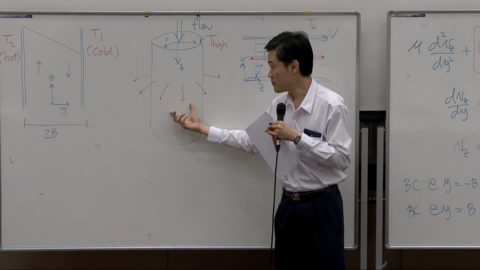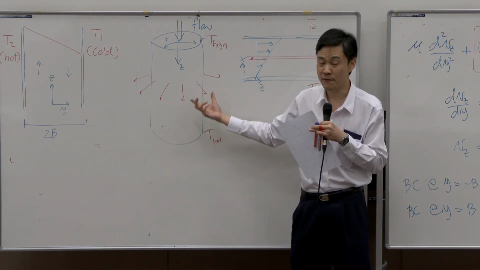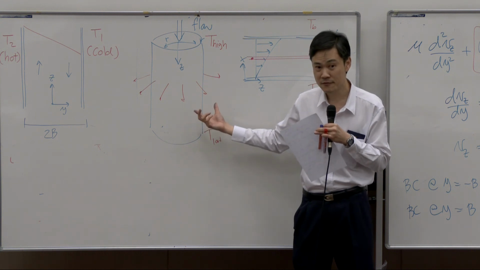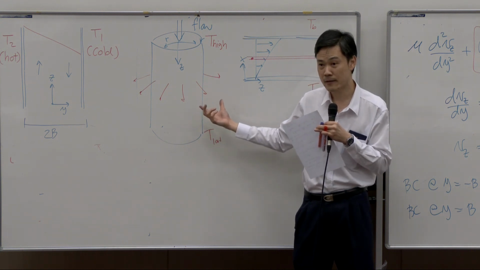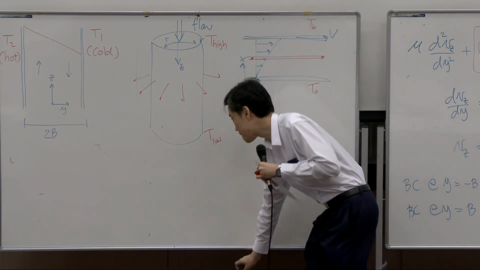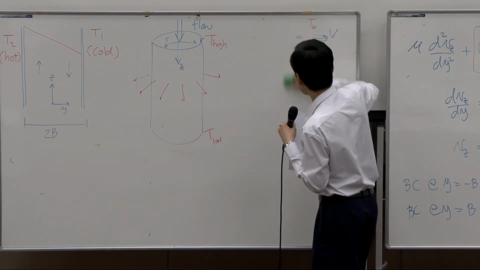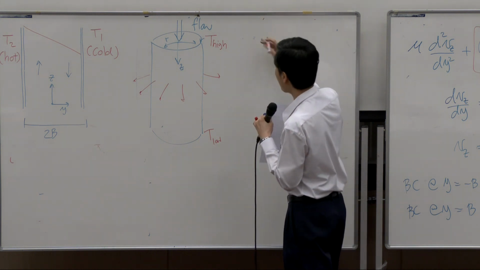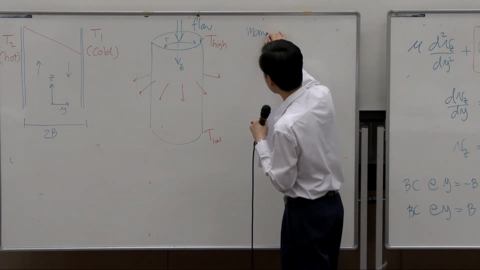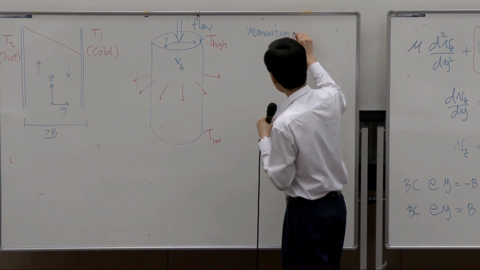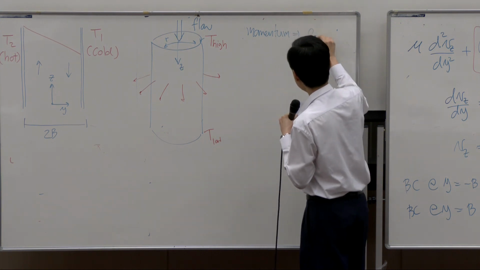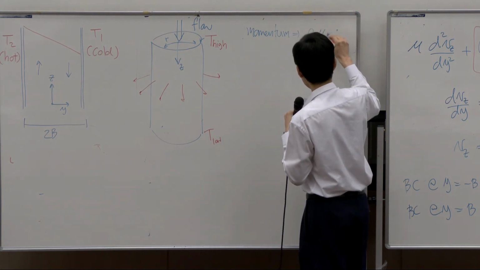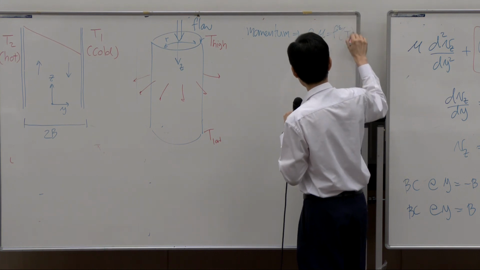Now in this problem, we're supposed to solve momentum first. Why? For momentum, the key is that density and viscosity are a function of temperature.